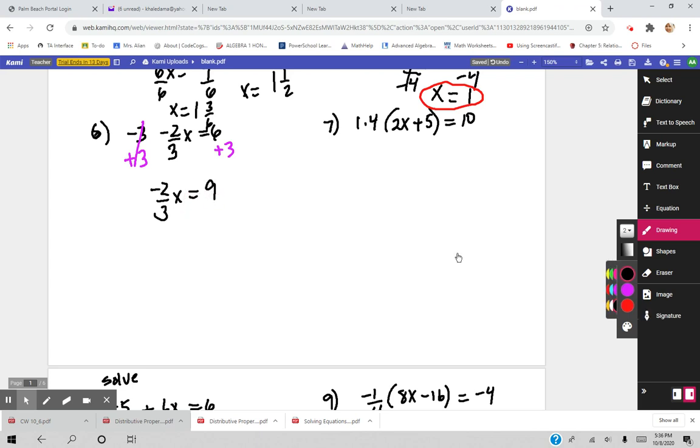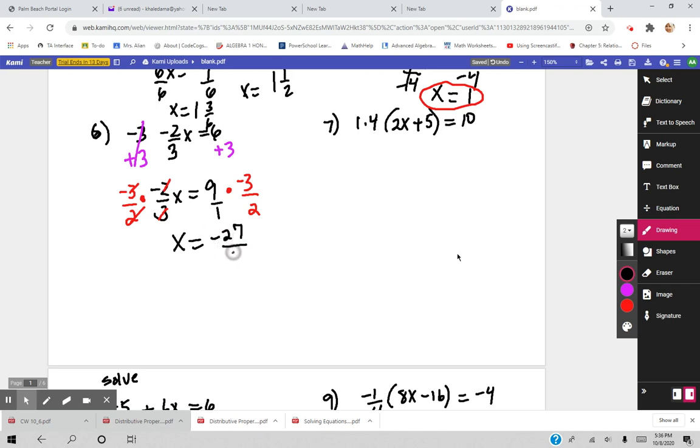Okay, you're going to multiply both sides by the reciprocal, which is -3/2. Okay, these will cancel, giving you x equals 9 times -3 is -27.